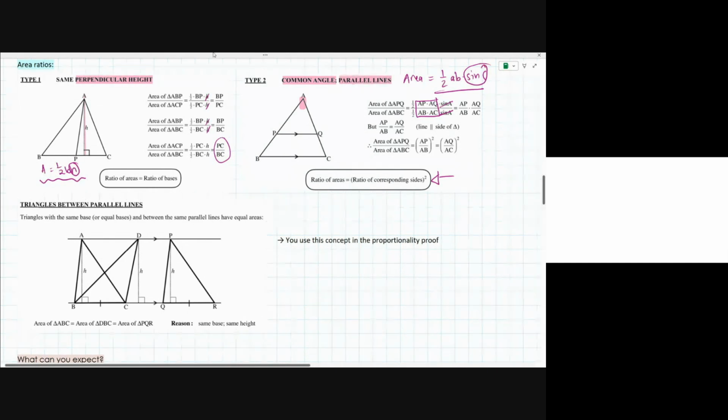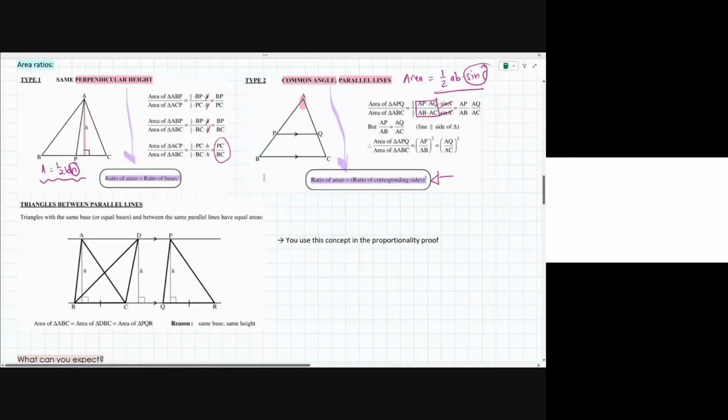Okay, I'm going to be honest. I think I've just been lazy. If we have the same perpendicular height, the ratio of my areas is just the ratio of my bases. Versus if we have the common angle, the ratio of my areas is the ratio of your corresponding sides squared.